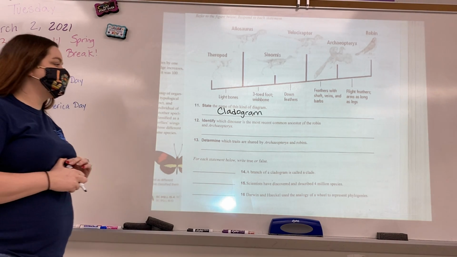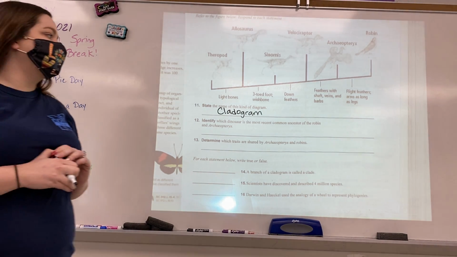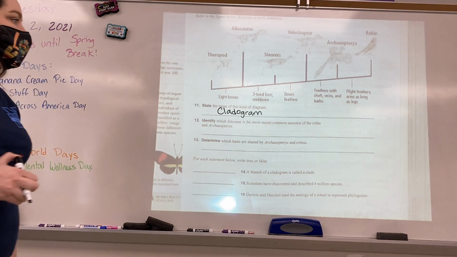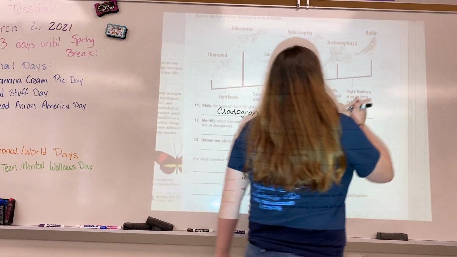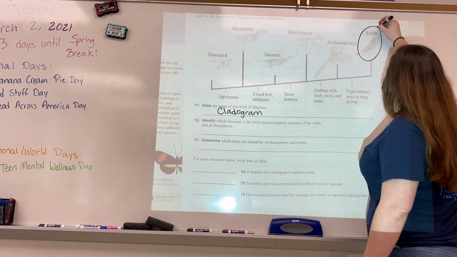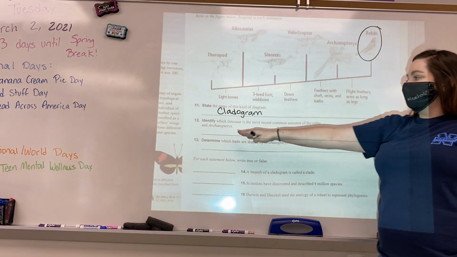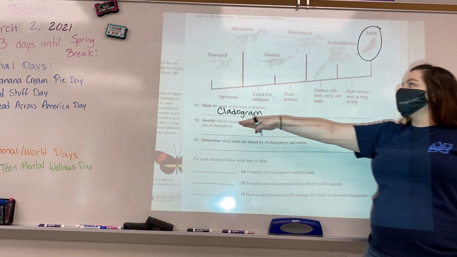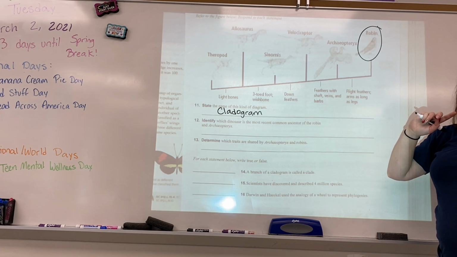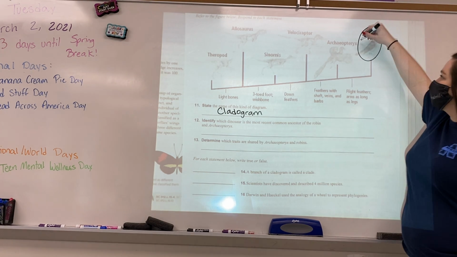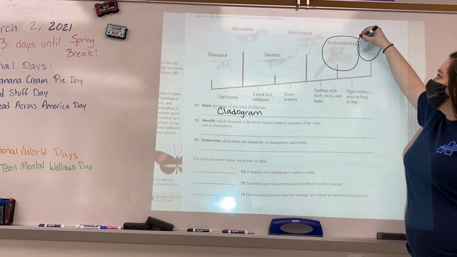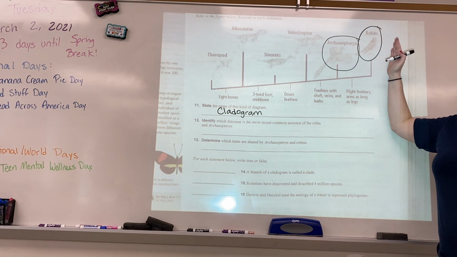Number 12, identify which dinosaur is the most recent common ancestor of the robin. We're looking at our robin, which is here, and our other one, which is this one.